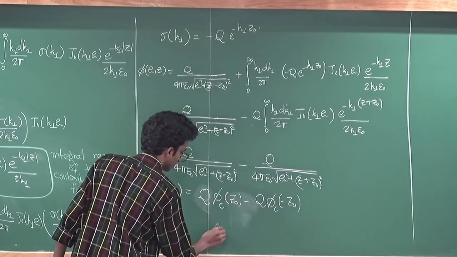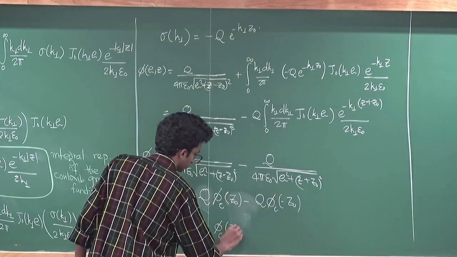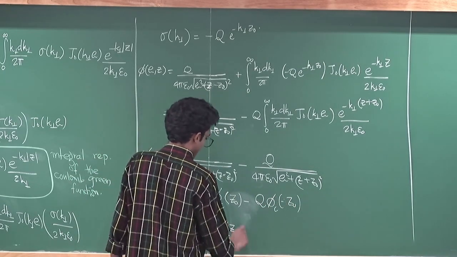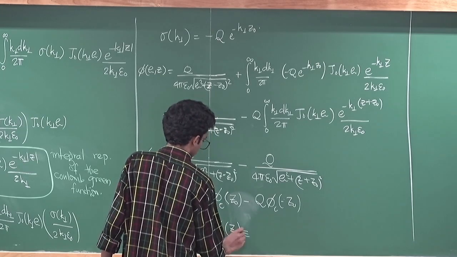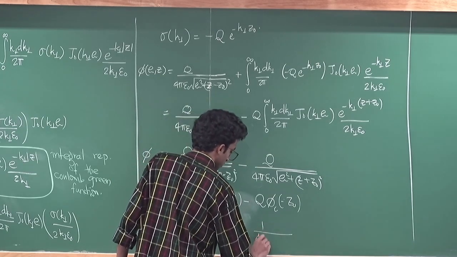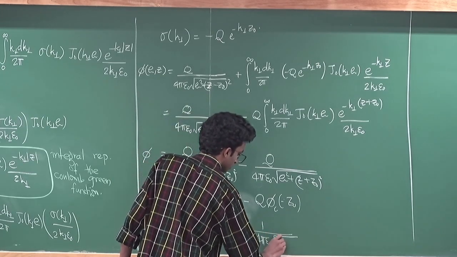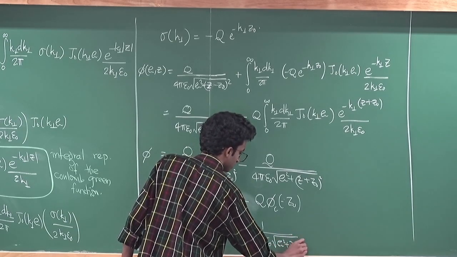Where the Coulomb Green function is just 1 over 4 pi epsilon naught square root of rho squared plus (z minus z naught) squared.